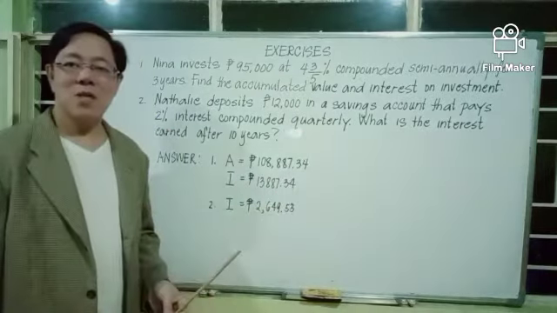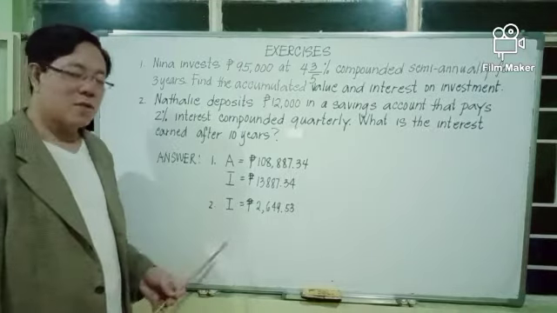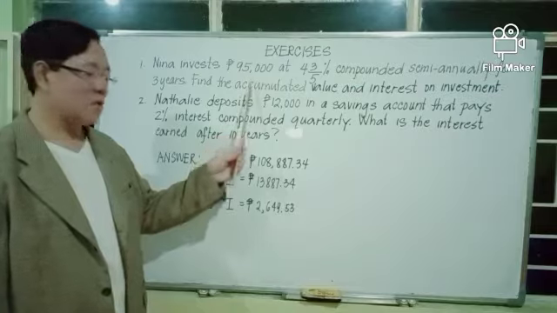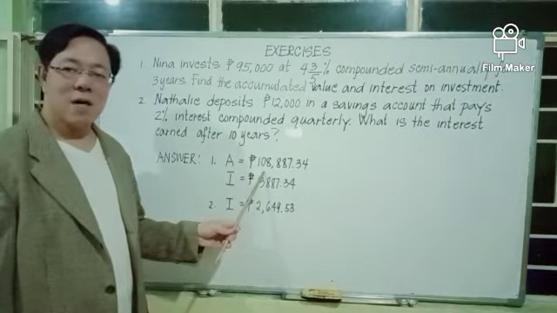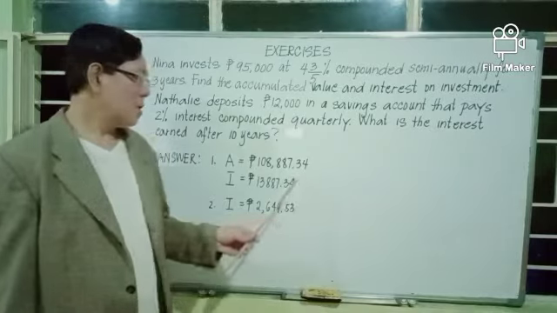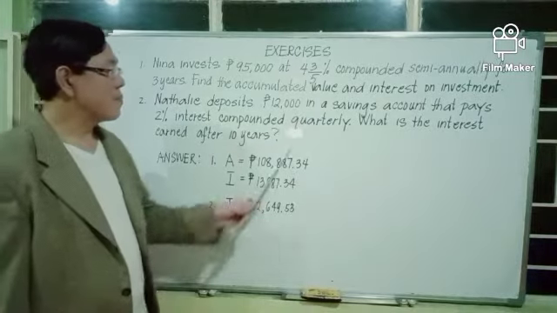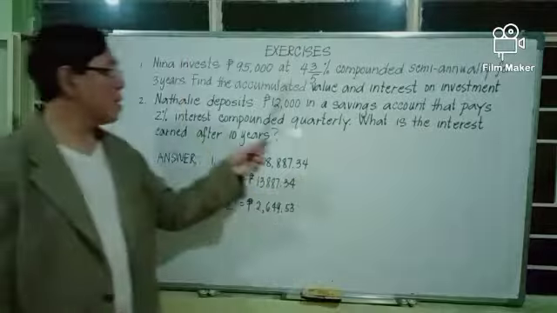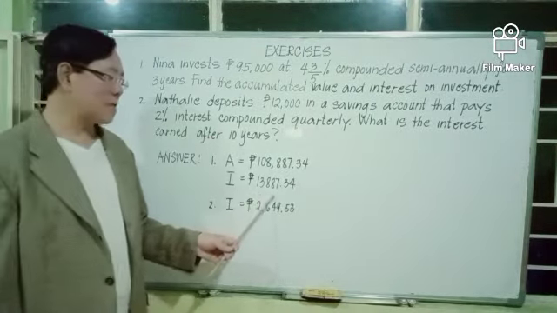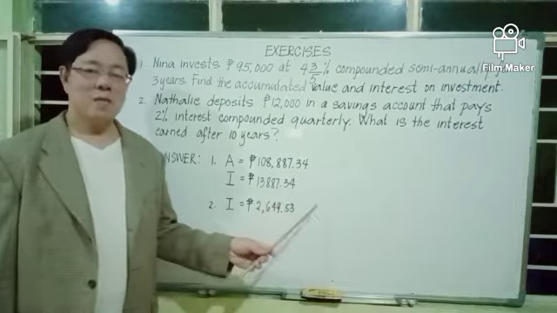For you to be able to check your answers, I give you the answers. For number 1, the accumulated value of 95,000 pesos is 108,887.34 pesos. And interest on investment of 95,000 pesos is 13,887.34 pesos.